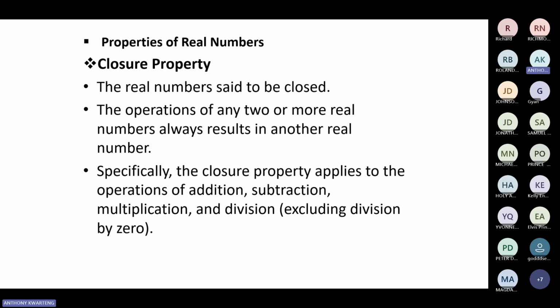Now, an example is this. 5 minus 8. What are you getting? Negative 3. Is it okay? And this negative 3 is a real number. 5 is a real number, 8 is a real number, but when you operate using the minus sign, you get a negative number, which is also a real number.